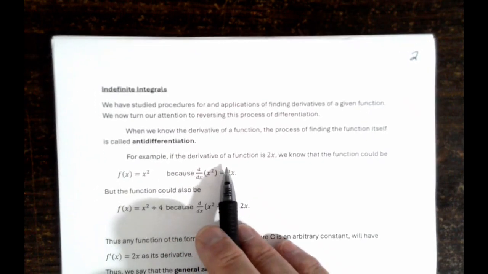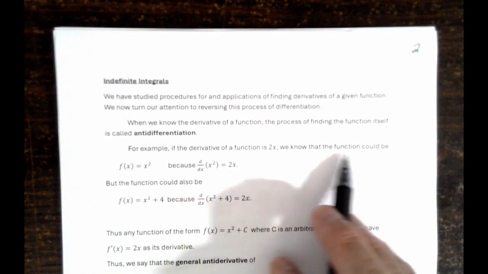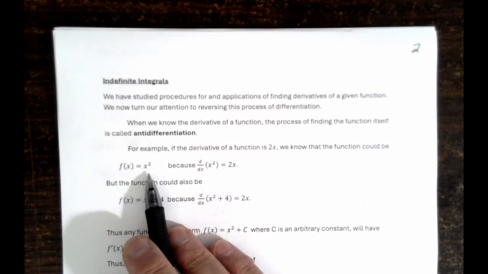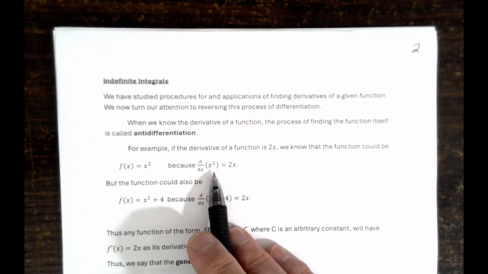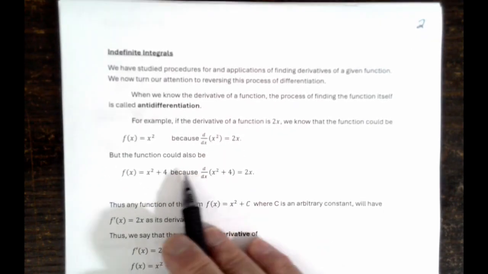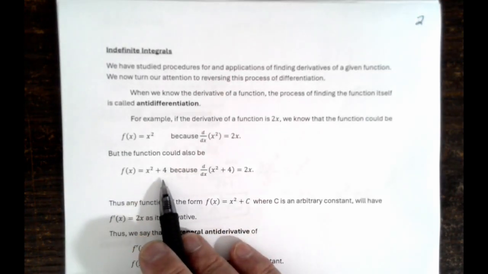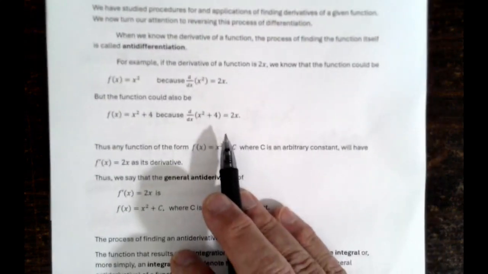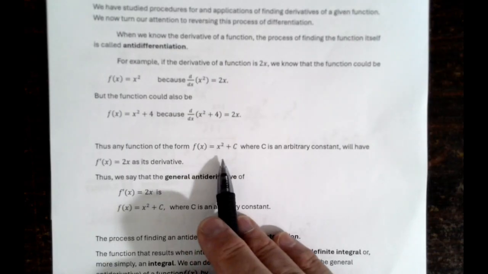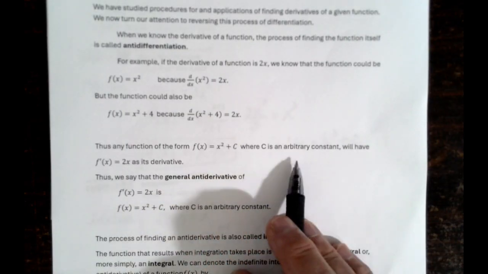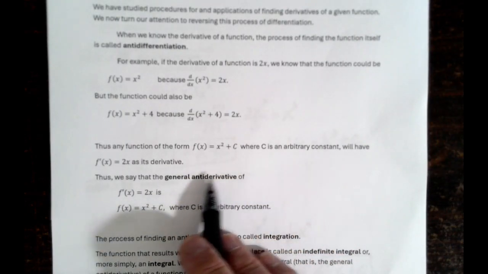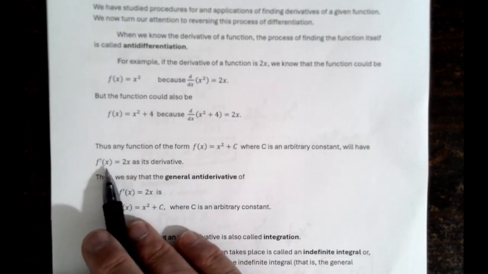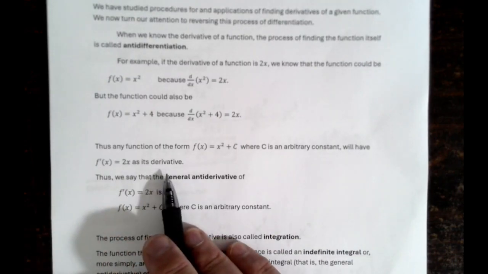For example, if the derivative of a function is 2x, we know that the function could be x squared, because the derivative of x squared is 2x. But the function could also be x squared plus 4, because the derivative of x squared plus 4 is also 2x. Thus, any function of the form x squared plus c, where c is some arbitrary constant, will have 2x as its derivative.